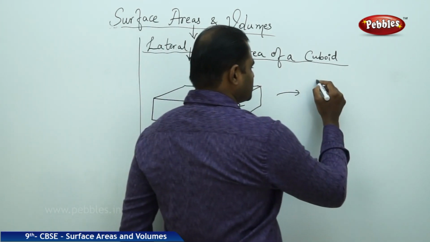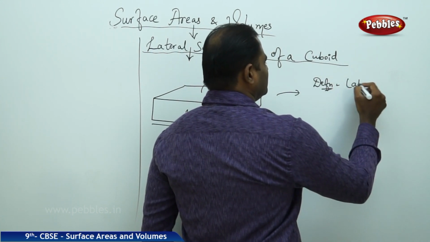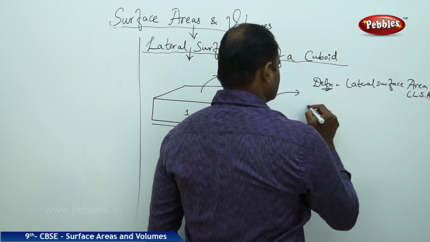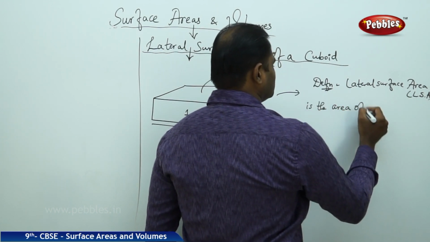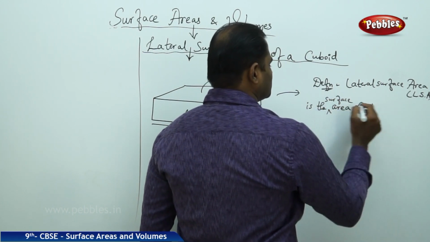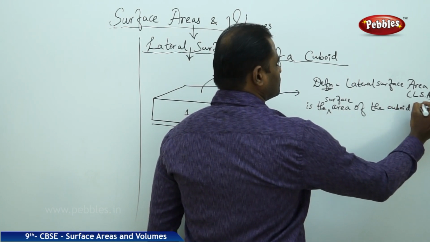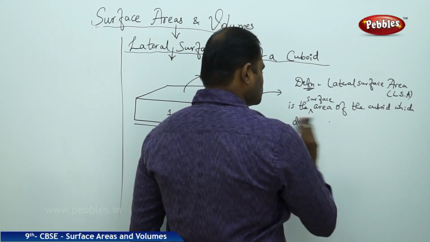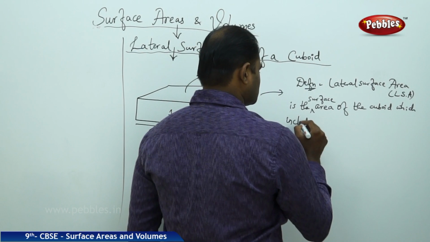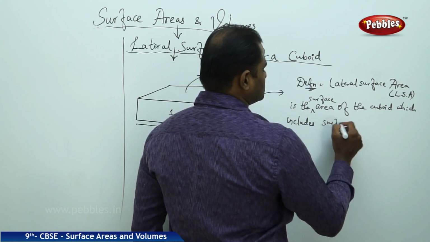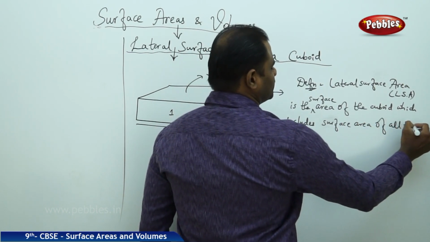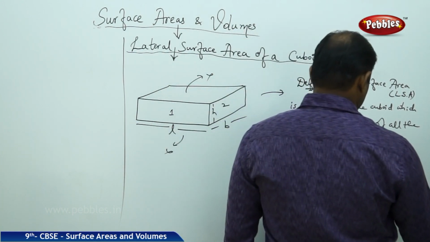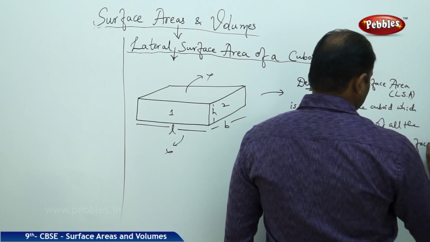So here the definition says lateral surface area, denoted by LSA, is the surface area of the cuboid which includes surface area of all the faces except the top and bottom faces.